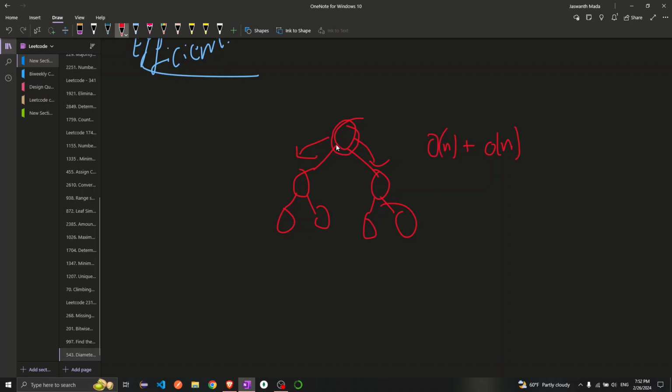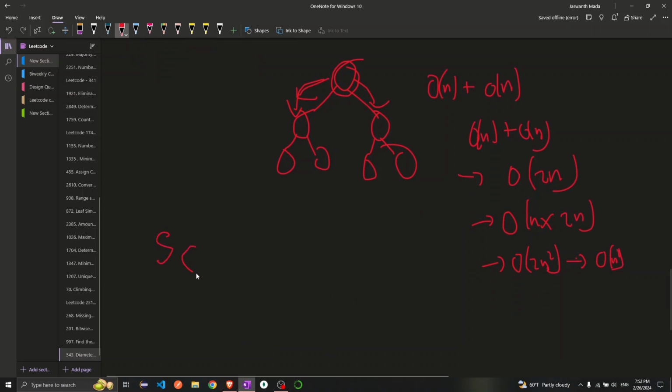And I'm again going to this node and finding the height of the left subtree and the right subtree. So for every node, I'm doing the same thing. There are n nodes, and for every node I'm doing 2 into n operations. So it is order of 2n square, which equals order of n square, right?